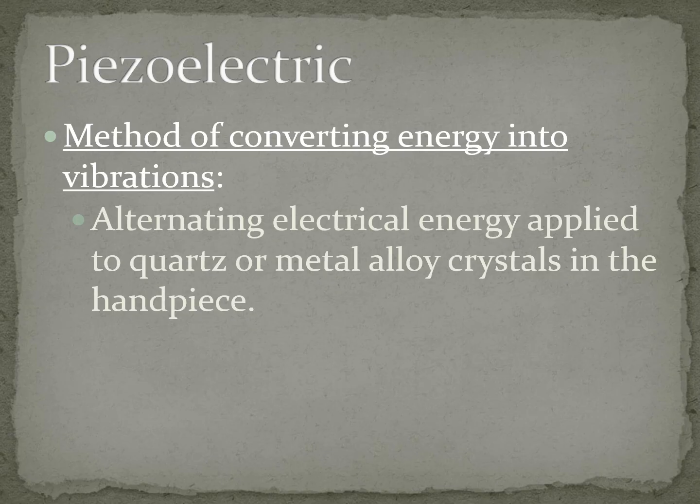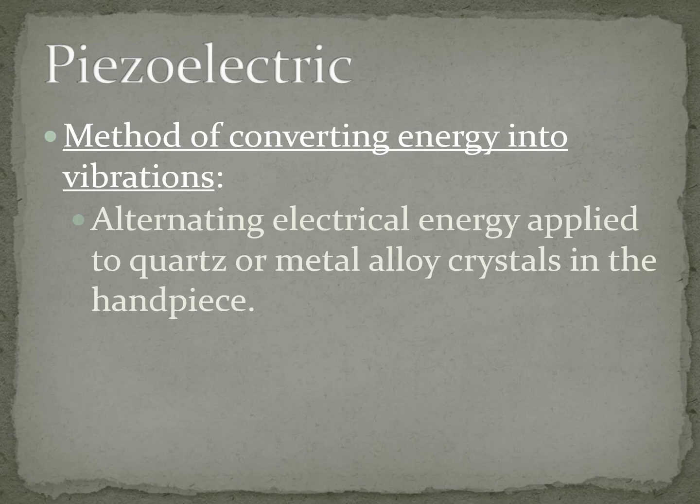So the method of converting energy into vibrations: an alternating electrical current is going to be applied to quartz or metal alloy crystals within that handpiece. So basically the electrical current is going to cause those crystals to change in dimension. So basically they're changing in size and they're changing in shape. This rapid change is what is going to cause our vibrations, and that is what makes our tip active.